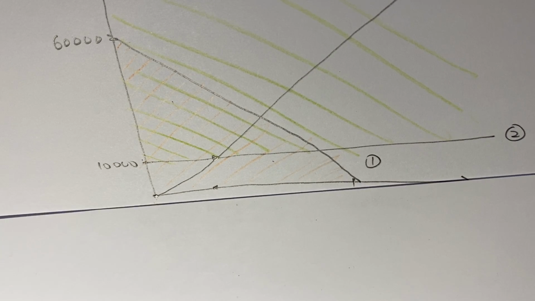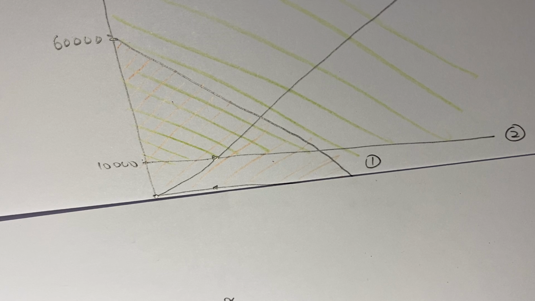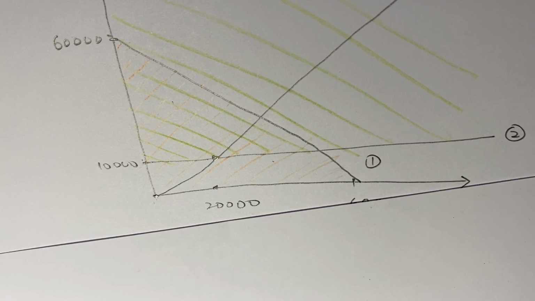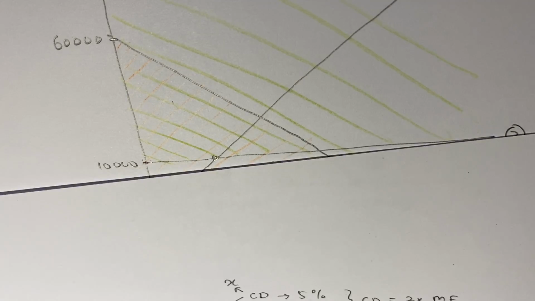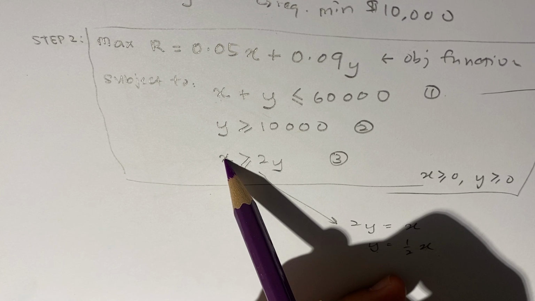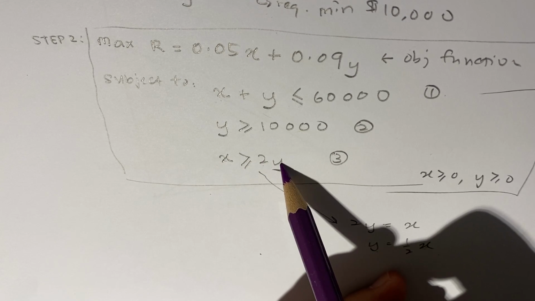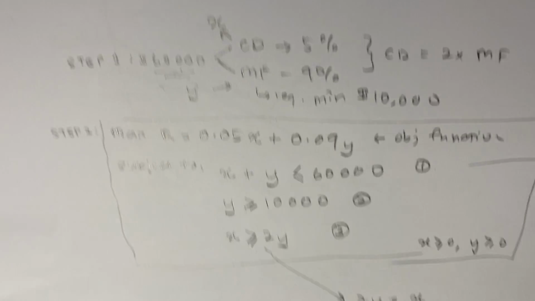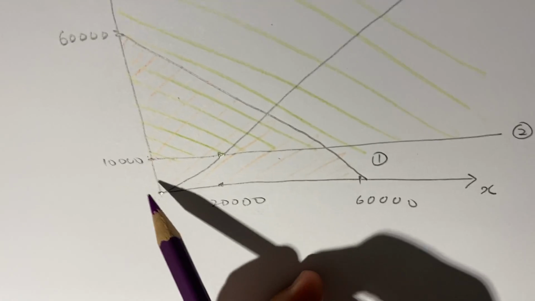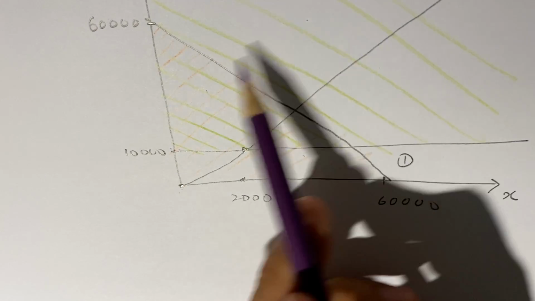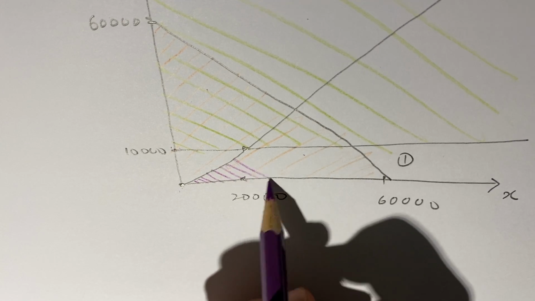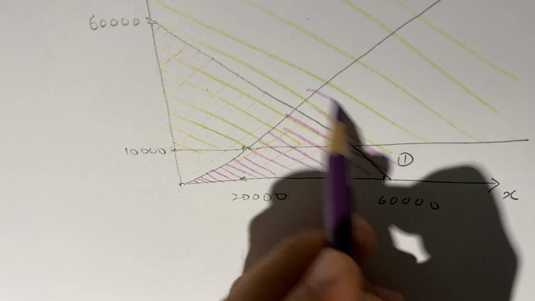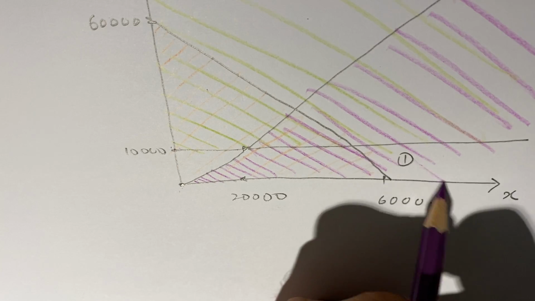When x is 0, y is 10,000. Is 0 greater than or equal to 2 multiplied by 10,000, which is 20,000? No. So we know that the region above here violates the constraint. So the opposite, the region below the third line, is the one that fulfills the constraint.